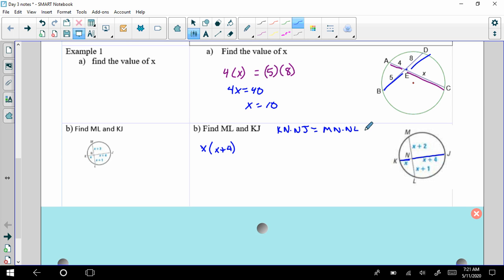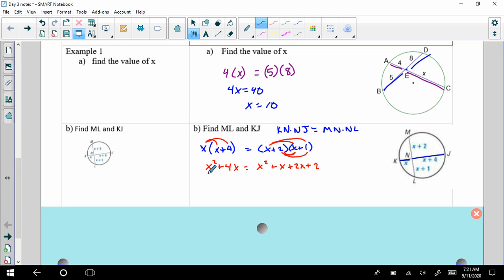And remember, order doesn't matter with multiplication, so it doesn't matter which one of these goes first. So we have x plus 2 times x plus 1. All right, so on both sides here, we're going to distribute. And so on the right side, make sure you're foiling. We have x squared plus 4x is equal to x squared plus x, and then we have 2x plus 2.